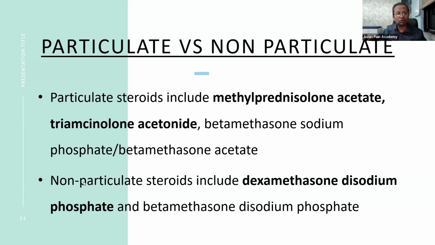There you use non-particulate steroids, that is dexamethasone sodium phosphate. A betamethasone preparation is also there, but most of the time we use dexamethasone sodium. If we go by guidelines, the cervical area is dexamethasone, and in the lumbar area we still use methylprednisolone acetate and triamcinolone acetonide.